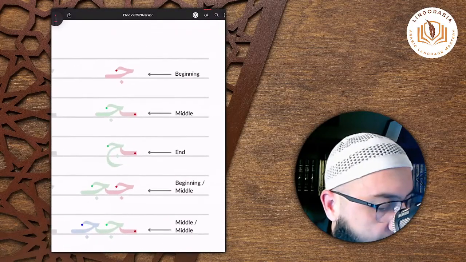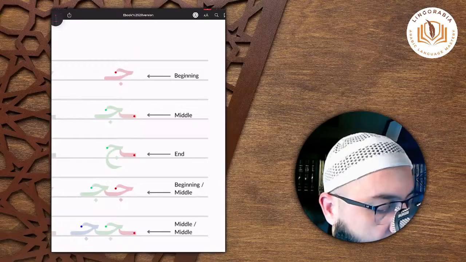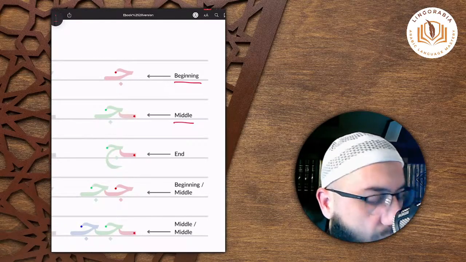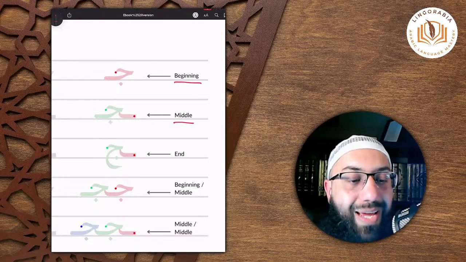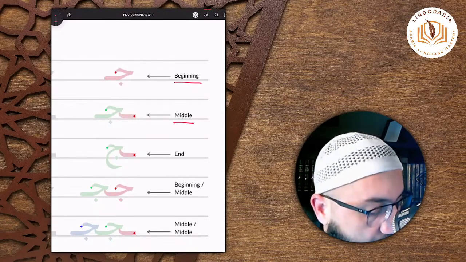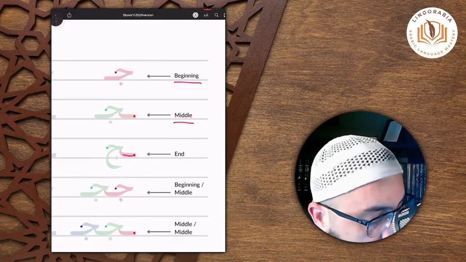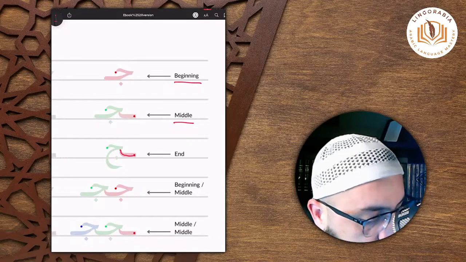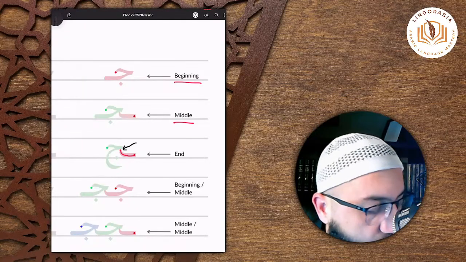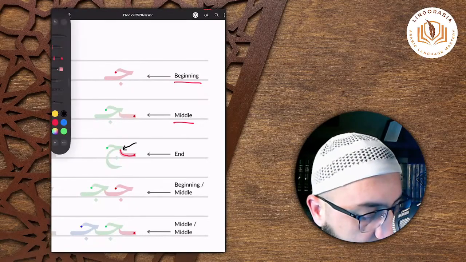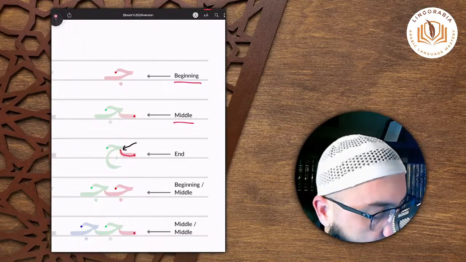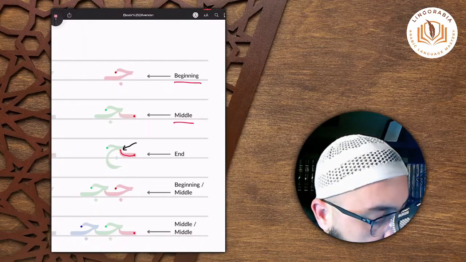Now let's have a look at the end. So we have seen the jim, the ha and the kha in the beginning and in the middle. Now, how do we write them at the end? The same principle applies here. Once you write the other letter and you arrive at this point, you release the pen and go to the place where the green dot is and you start writing the jim.